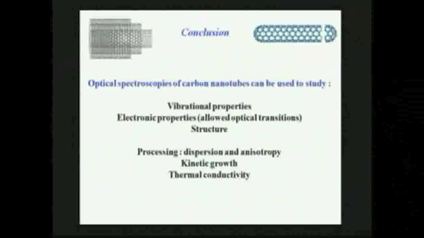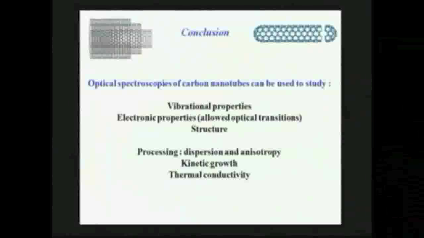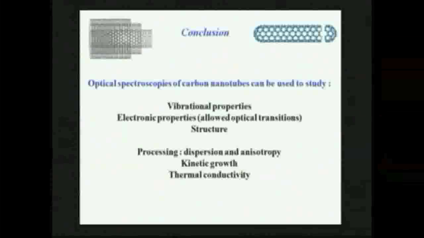So in the conclusion, I hope I convinced you that different optical spectroscopic techniques, and first of all, photoluminescence and Raman, are useful to study the vibrational properties of the nanotubes, but also their electronic properties, and that you can have very interesting information on the structure and go up to the identification of the precise NM integrals for each nanotube in your sample, either in a composite sample or even for one individual nanotube.